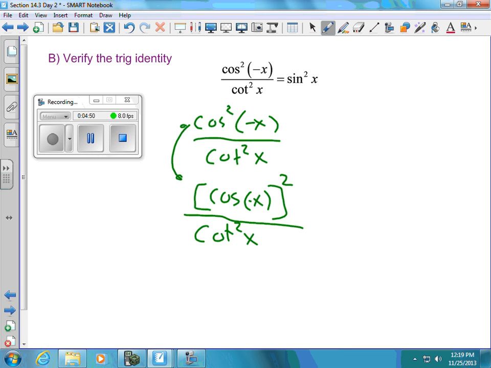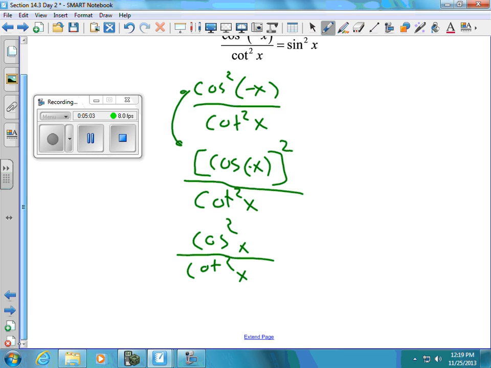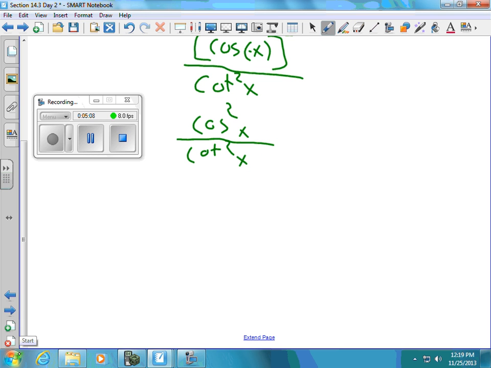And the cosine of negative x is simply the cosine of x. So this is just the cosine of x squared over cotangent squared of x plus... well, cotangent, we can write that as cosine over sine.